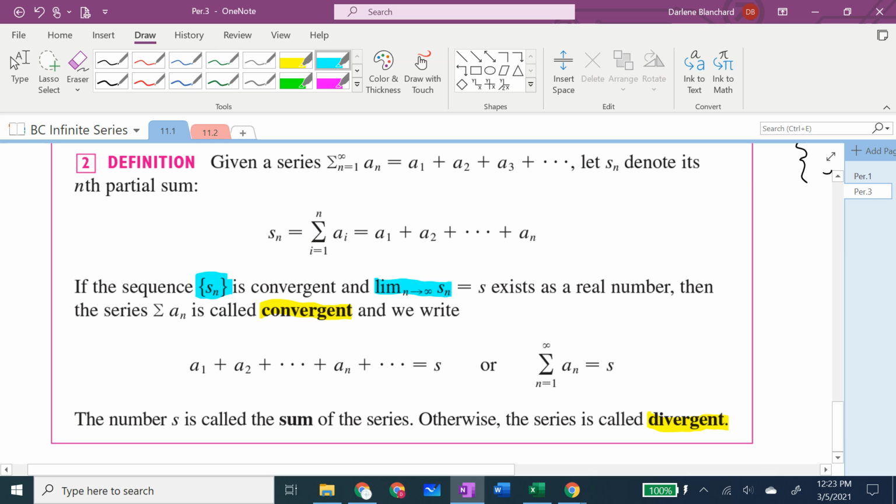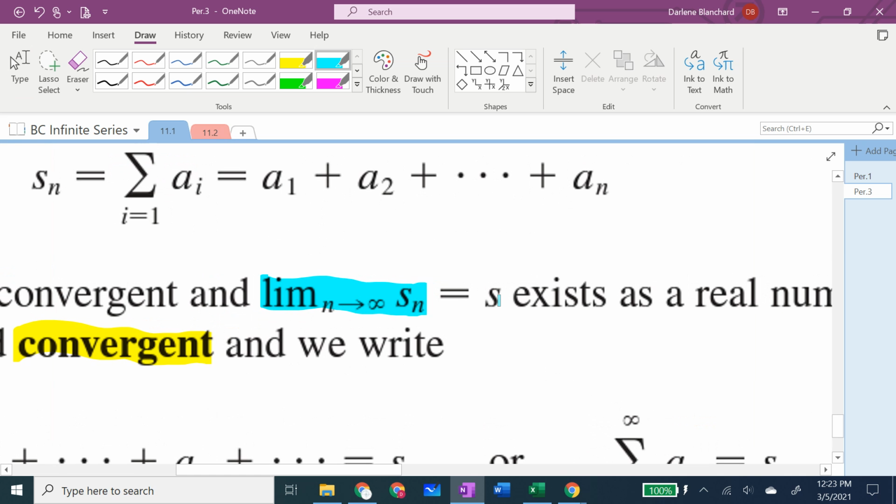If there is an answer to the limit as n approaches infinity of the nth partial sum, that is the infinite sum. So know that when the letter S is written by itself, that is referring to the infinite sum. But if a subnumber is written on that S, then it is a partial sum.